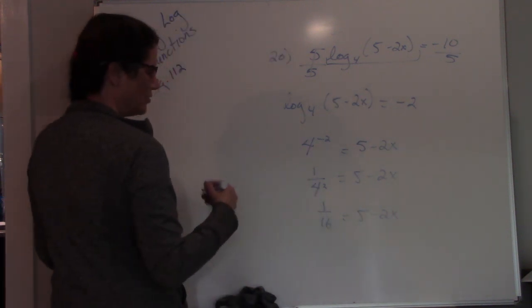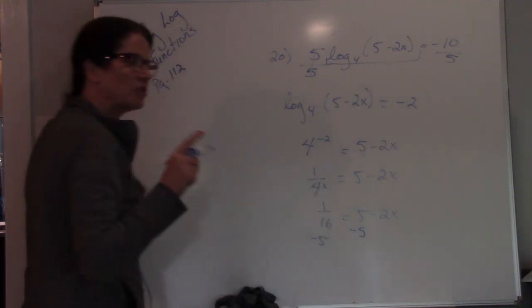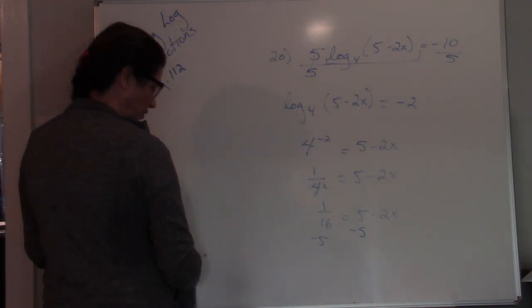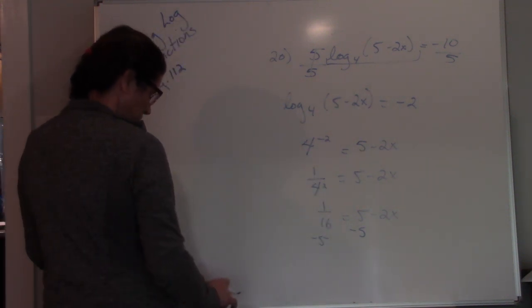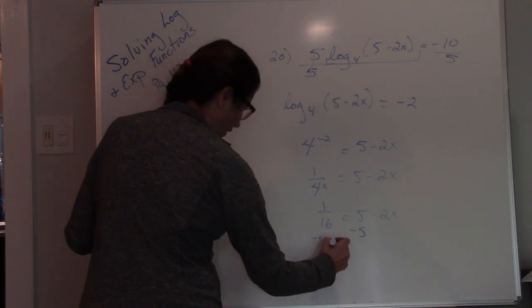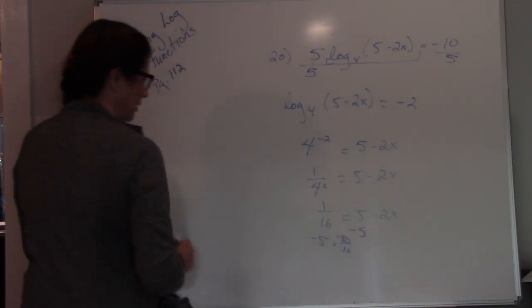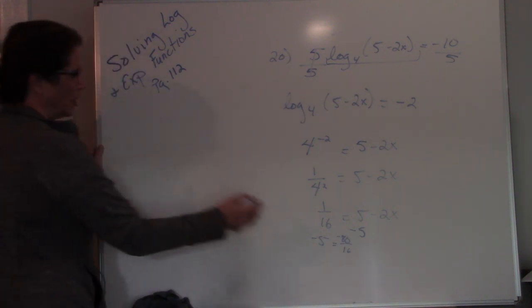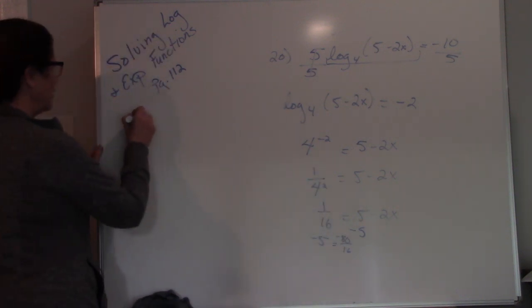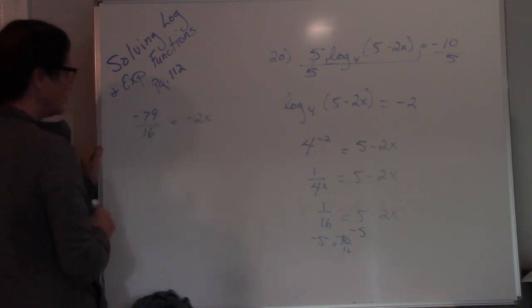Okay, and now I can solve. So I'm going to subtract 5. So remember, just a real easy way to change fractions. I have 5 times 16, because I know that my denominator has to be 16. So negative 5 is the same as negative 80 over 16. So I'm going to rewrite this over here. So I have negative 80 plus 1, so I have negative 79 over 16 equals negative 2x.